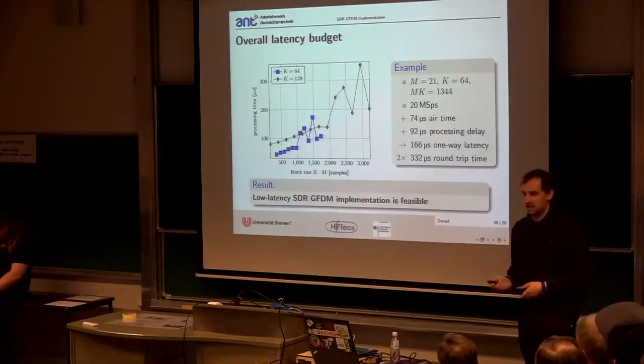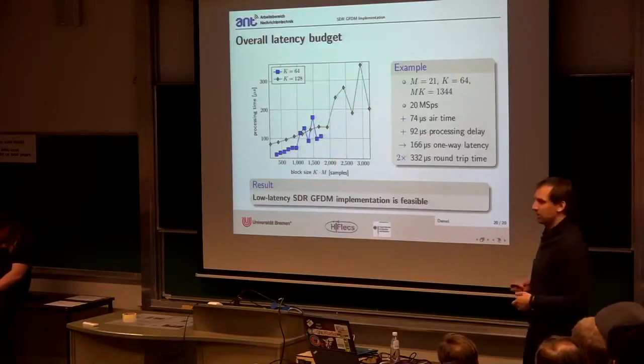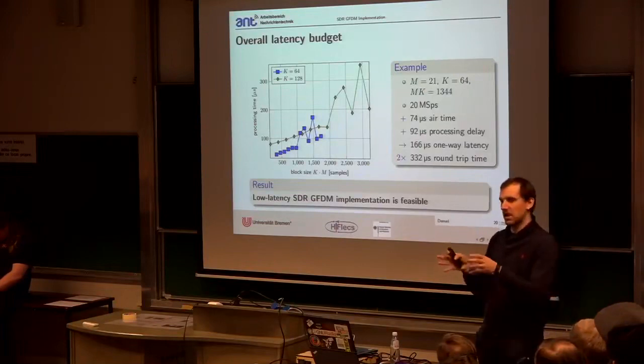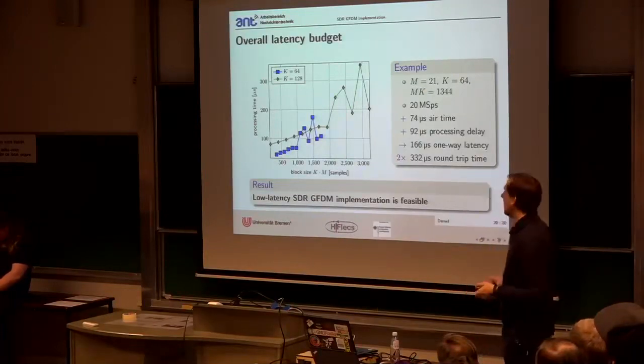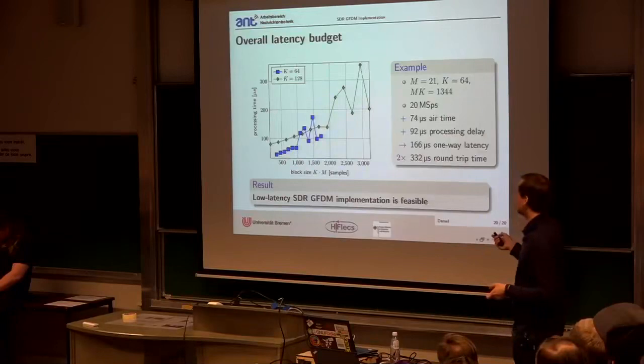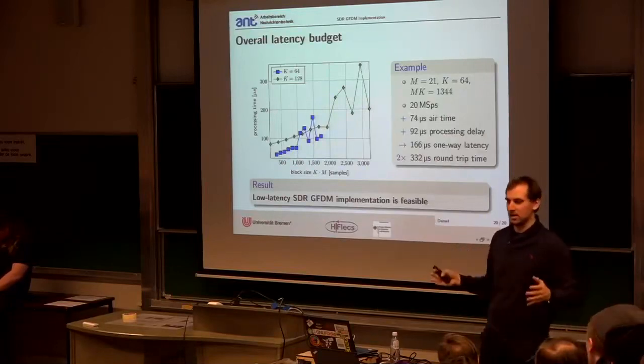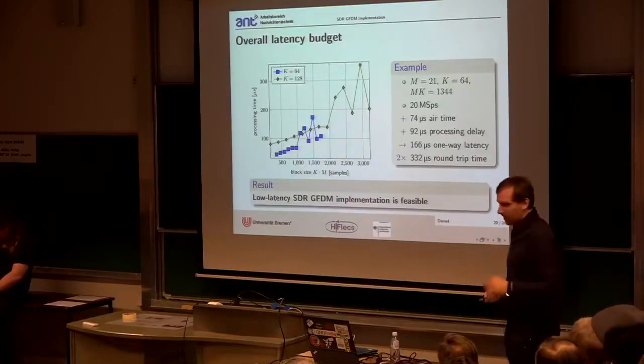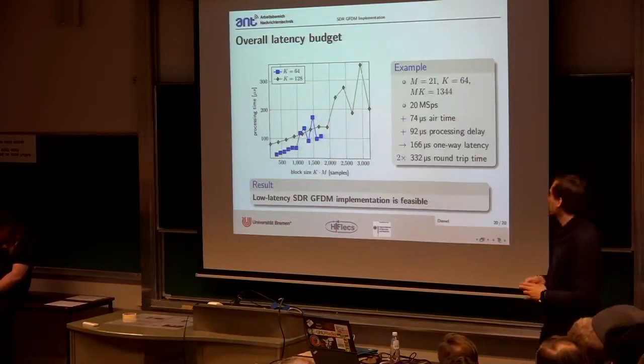So that translates to 1,344 complex symbols we could possibly squeeze into one GFDM frame. And if we now think of it, we run at 20 megasamples per second, so we occupy like 20 megahertz of bandwidth. We have an airtime of roughly 74 microseconds.